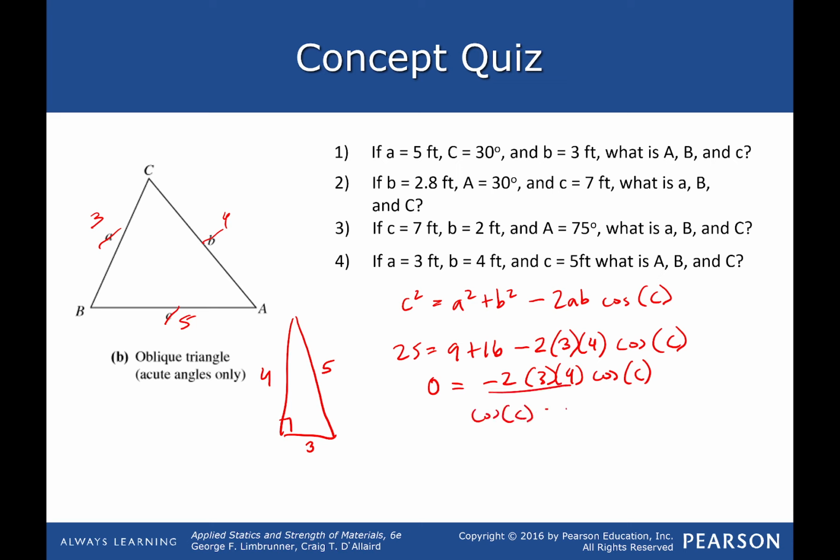And that means that C is equal to 90 degrees. Oh my goodness, this is a right triangle. Happy days.